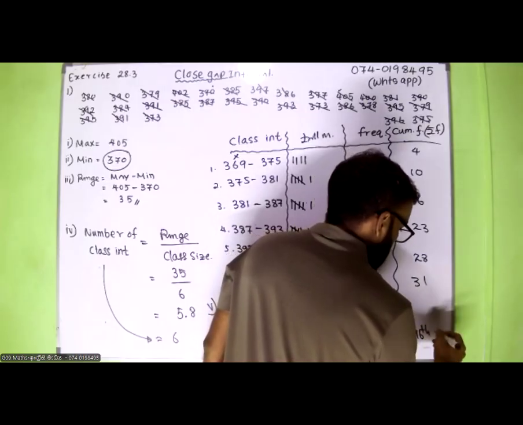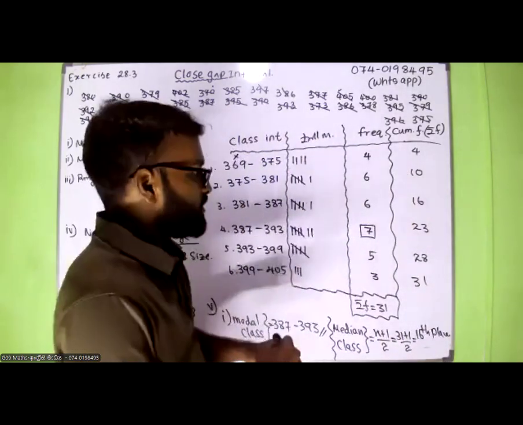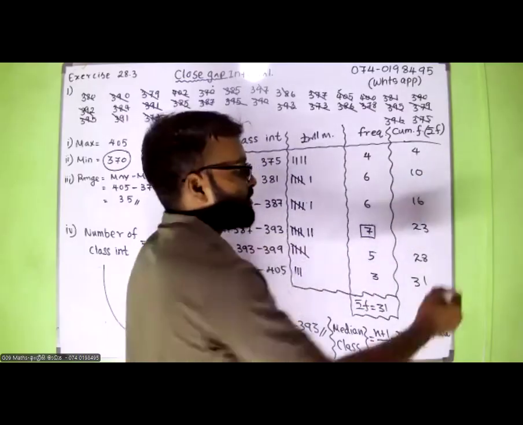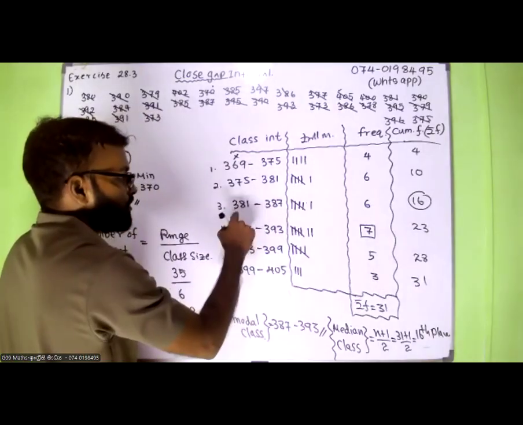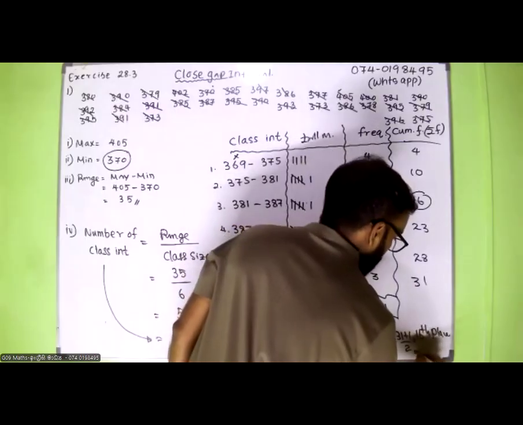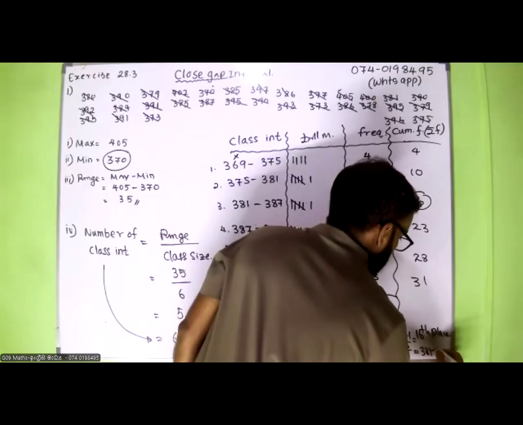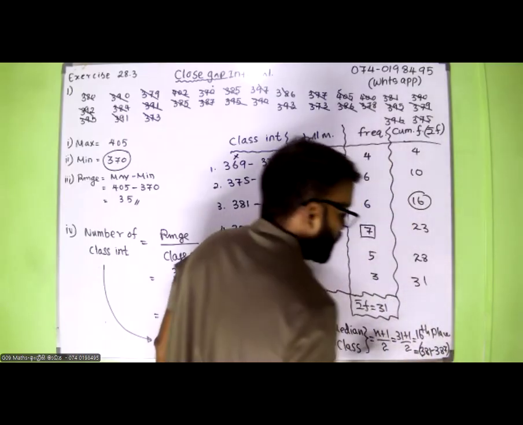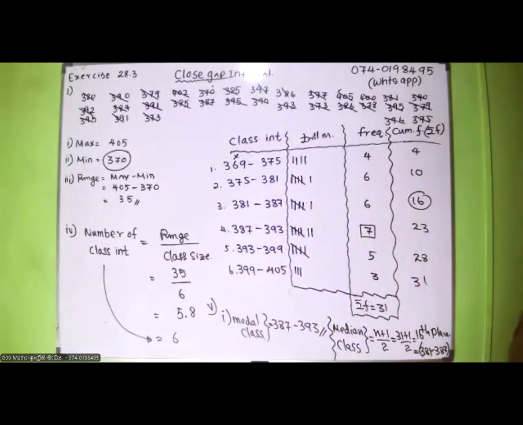Now where can we find the 16th place? Here you have 16 included. So your median class will be 381 to 387. Correct?